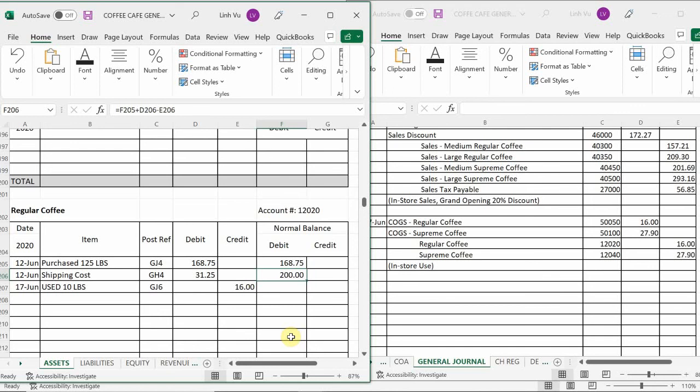Can I ever journalize quantity? No. That's one of the assumptions, the monetary assumption. You can never journalize in terms of quantity; you have to do it in terms of total cost.